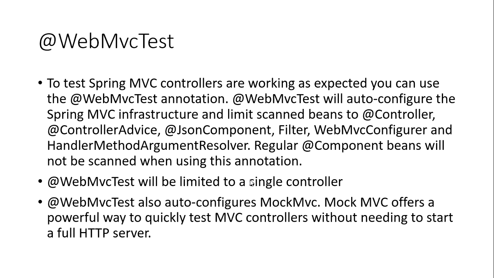So what does it mean? For example, whenever you are firing an actual request from your Postman or from your browser, obviously you will pass some JSON payload, and internally, with the help of HTTP message converters, it will convert your JSON payload to the respective Java object, and from there it will validate the Java object.